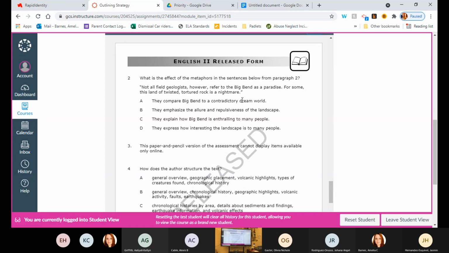Okay. So is there a connection between nightmares and dreams? Or a connection between paradise and dreams? Are those connected ideas?